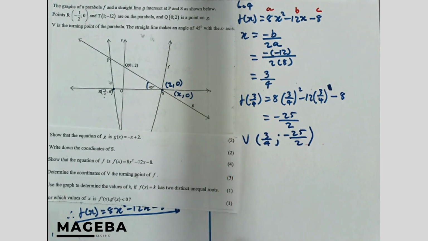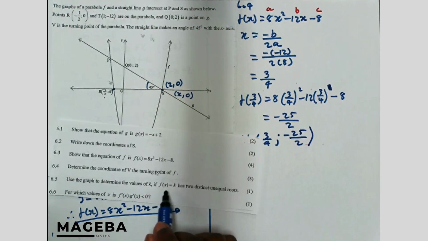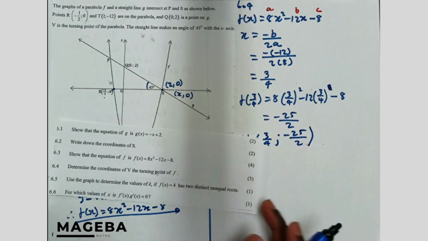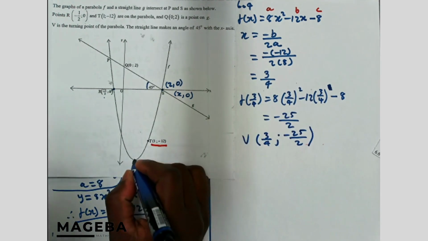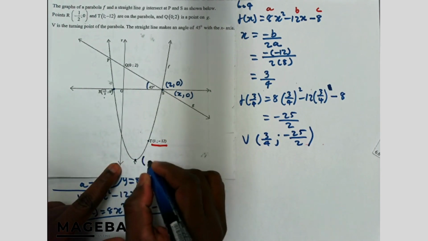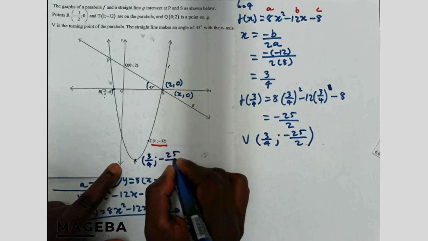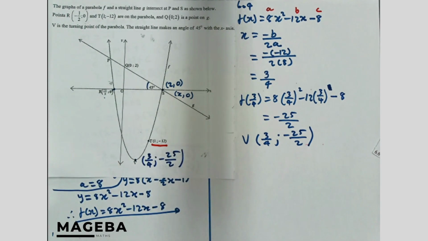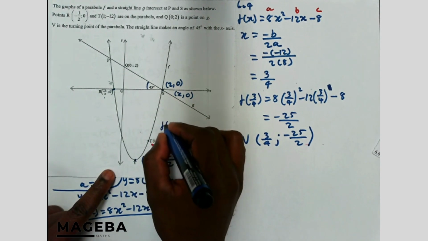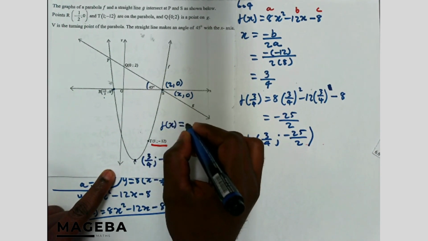Now moving on, now it's saying use the graph to determine the values of k if f of x is equal to k has two distinct unequal roots. Now here, going to my turning point, we do know that it's 3 over 4, negative 25 over 2. So now how do we tackle this equation? Going to a graph, they are telling us that my f of x is equal to k.